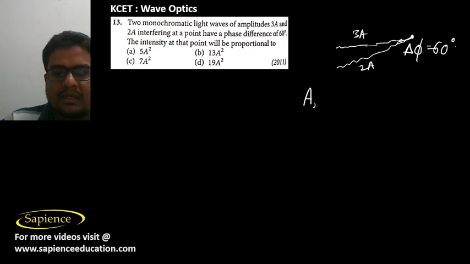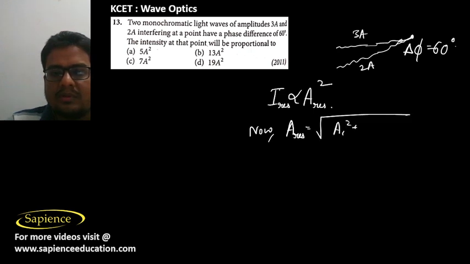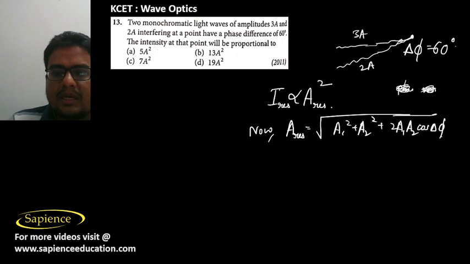Now the resultant intensity is proportional to the square of the resultant amplitude. Since we have to consider them as phasors, we have to do the vector addition of the two amplitudes to get the resultant amplitude.